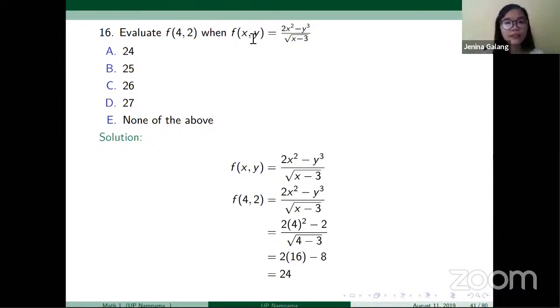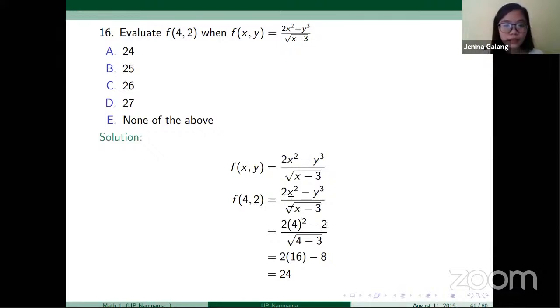So ang gagawin nyo lang, substitute nyo lang yung value ng x, which is 4, and yung 2 sa y. So we have, hindi ko na substitute. So 4 squared, 4 squared minus 2 cubed. Sorry, may cube to dapat.